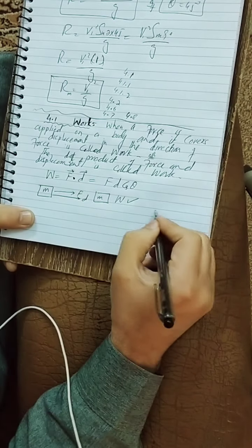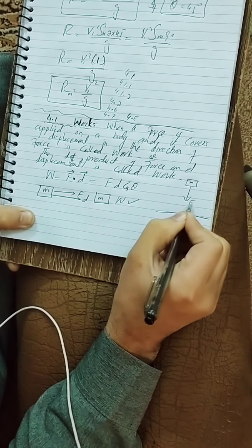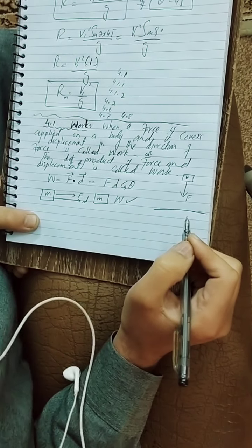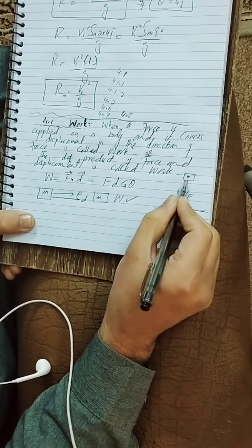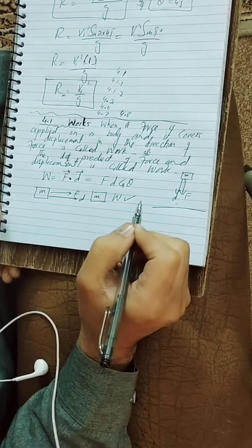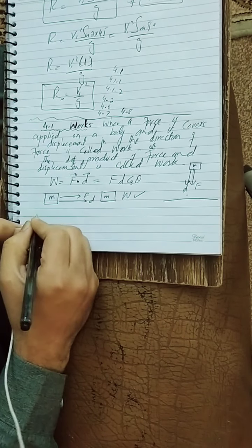Suppose look at the gravity. This is the earth's surface. This is the mass. The force of gravity acted on this mass which is downward, and this mass will cover displacement downward, so this mass will move down. This is called work done by the gravity. So work means when the force is applied on a body and it covers some displacement, that is called work.